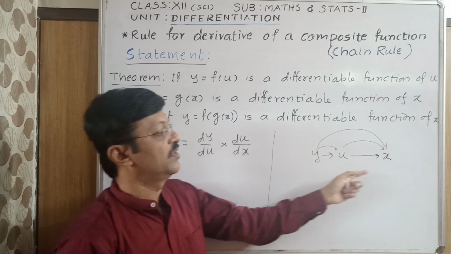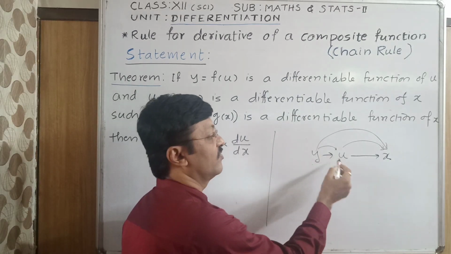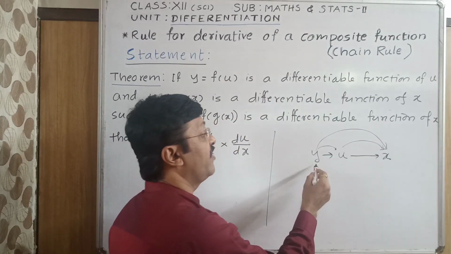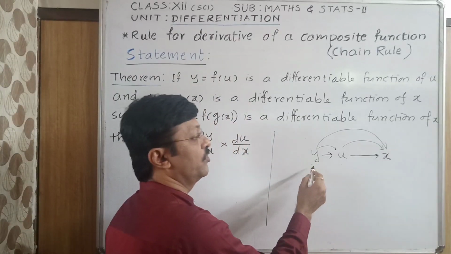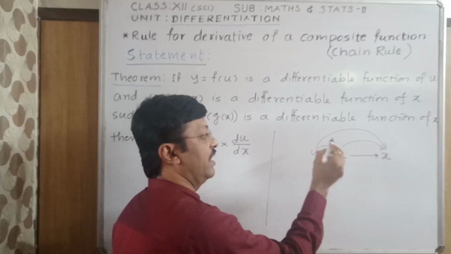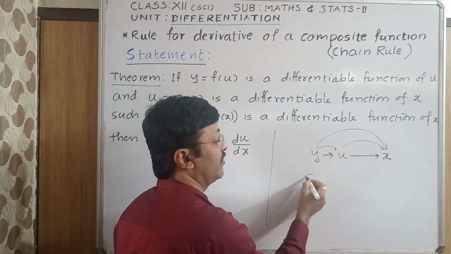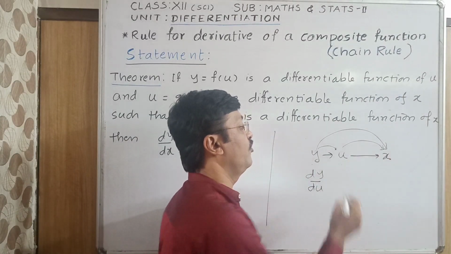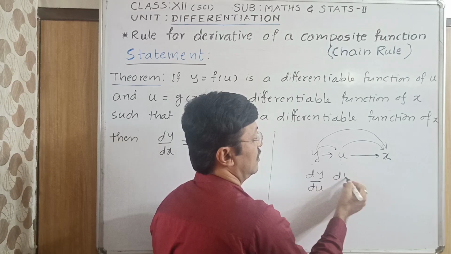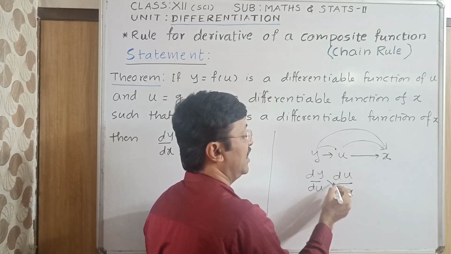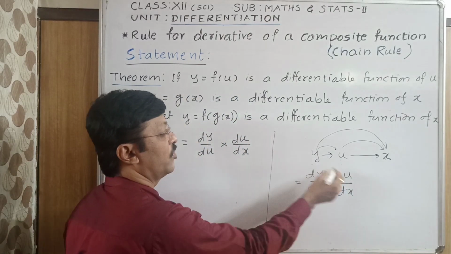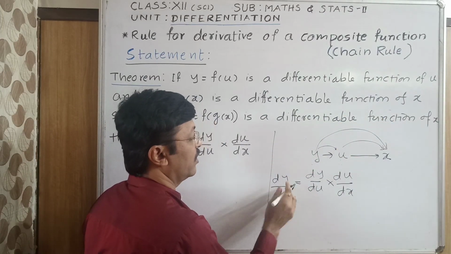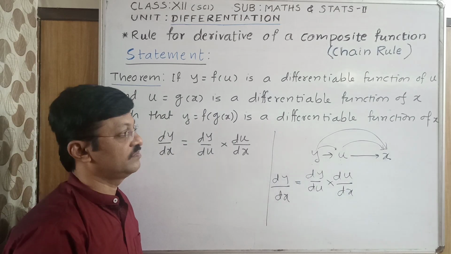In short, you can remember this design. You can't find dy by dx directly, because what you can find is dy by du, since y is a differentiable function of u. Similarly, u is a differentiable function of x, therefore you can find du by dx. You can find these two derivatives, multiply them, and as per this rule, this product itself is dy by dx.